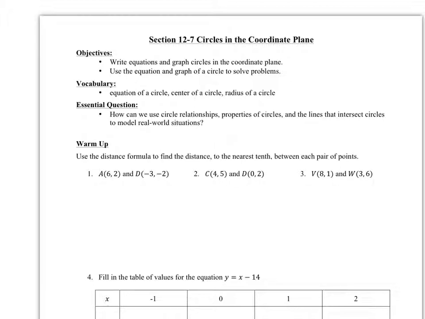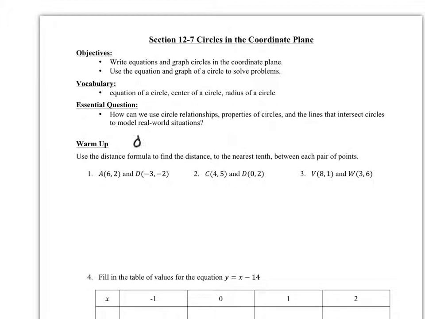We're going to start off with a warm-up in which you are going to be using the distance formula to find the distance to the nearest tenth between each of the points given to you in questions 1, 2, and 3. I'm going to recommend that you pause the video right now and work through these questions, but just in case you have forgotten the distance formula, let's write it down.